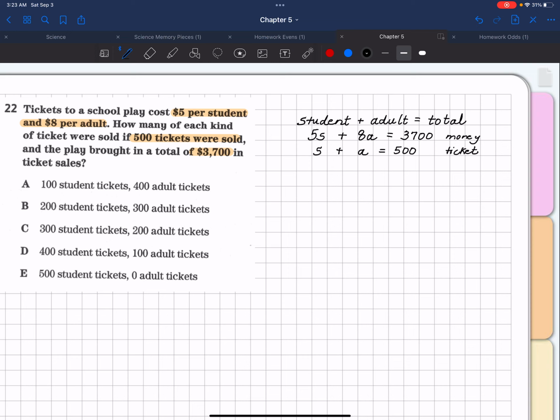And I'm going to first of all solve this one for student, I guess. It doesn't matter. But I'll move the A and cancel. So S equals negative A plus 500.